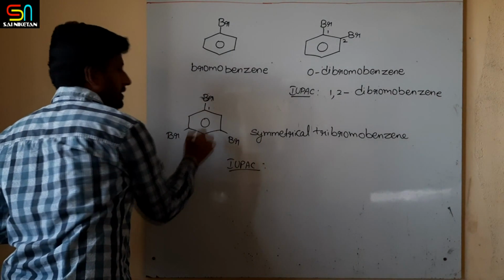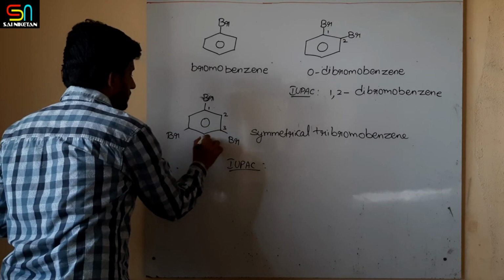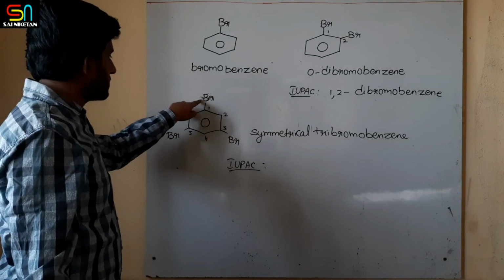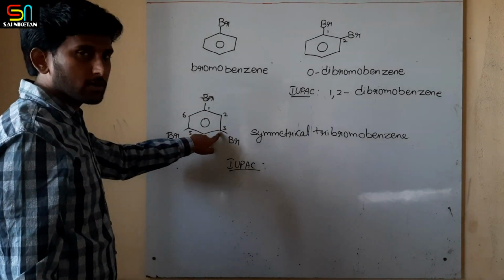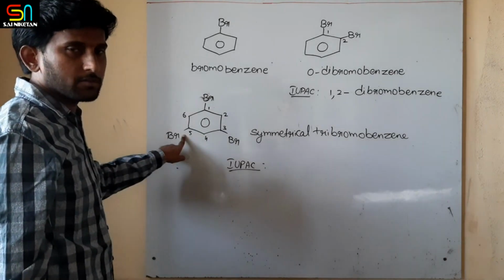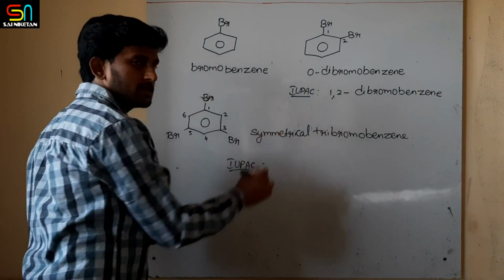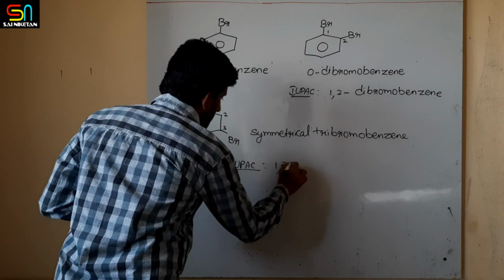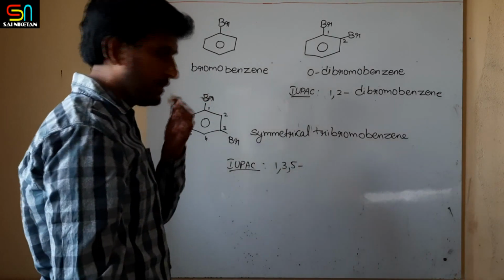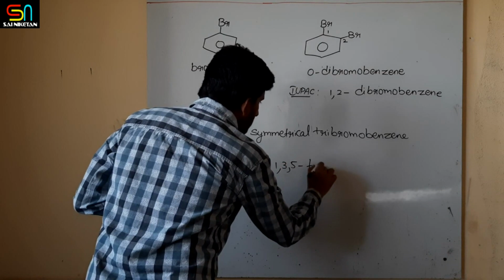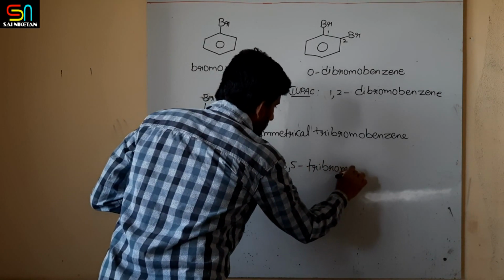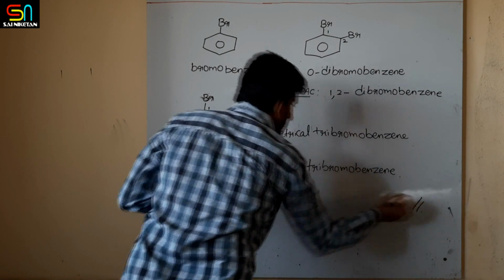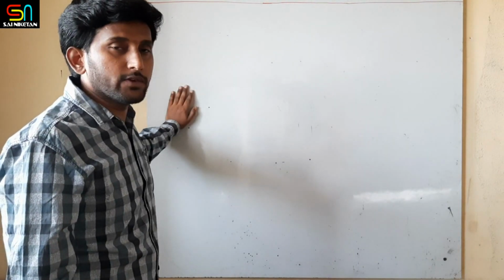For example, if I write like this, 1, 2, 3, 4, 5 and 6, then see the numbers. At first carbon, one bromine atom. At third carbon, one more bromine atom. And at fifth carbon, one more bromine atom. So the IUPAC name of symmetrical tribromobenzene will be 1,3,5-tribromobenzene. Few more examples.